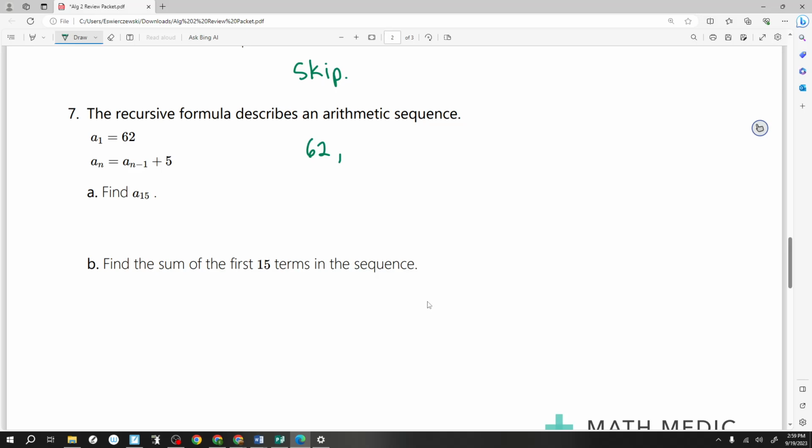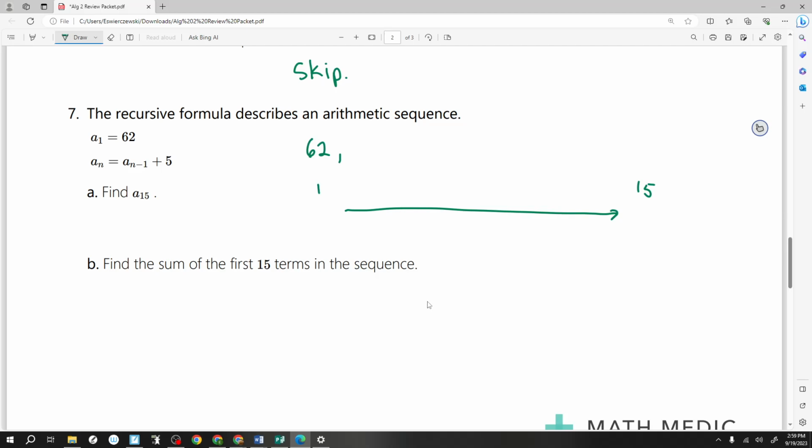Well, let's think about it like this. This is the first term. I want the 15th term. How many times would I have to add 5 to go from 1 to 15? Fourteen times I would have to add 5.